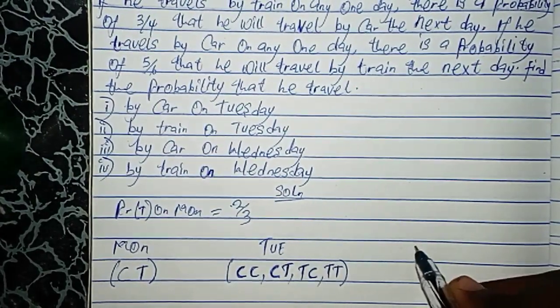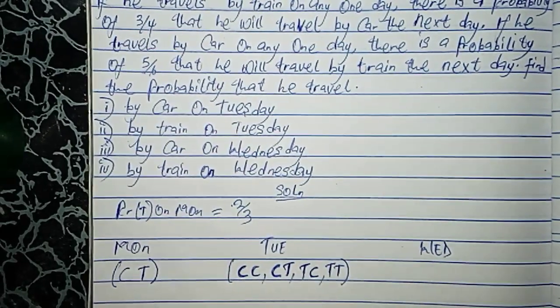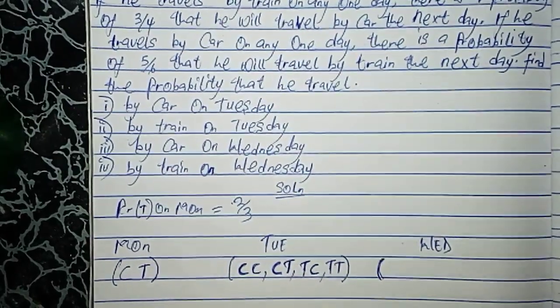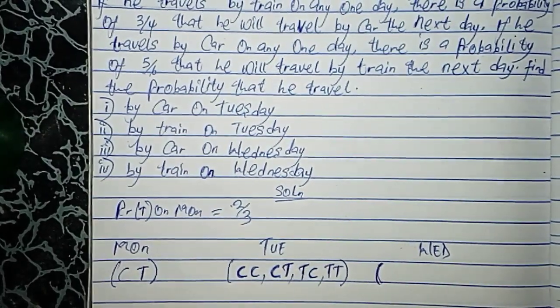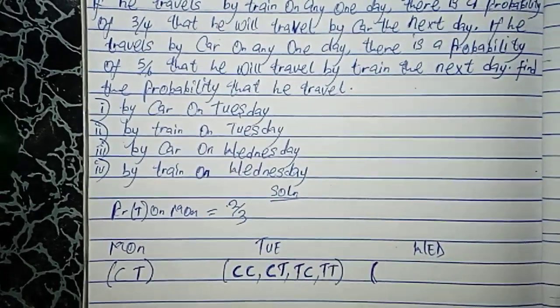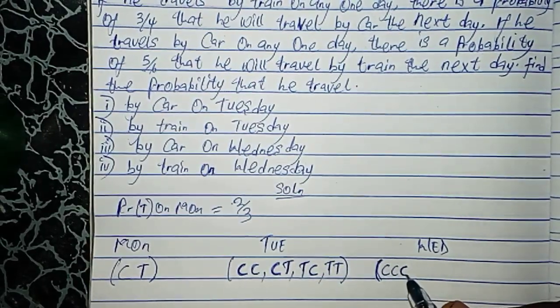Now for Wednesday, when writing this down, you are not going to draw the tree diagram. For Wednesday, if he travels by car on Monday and travels by car on Tuesday, he can also travel by car on Wednesday. This is for Wednesday.